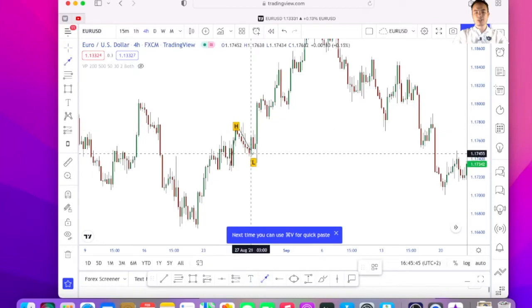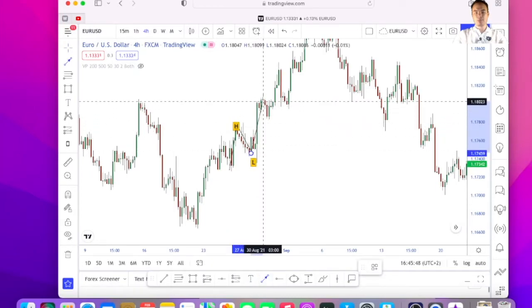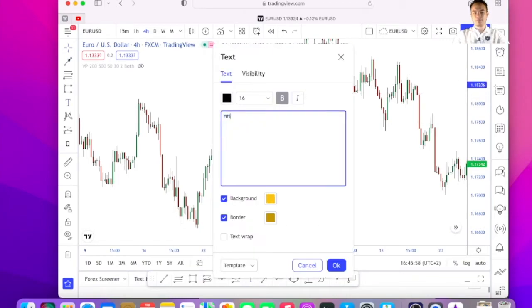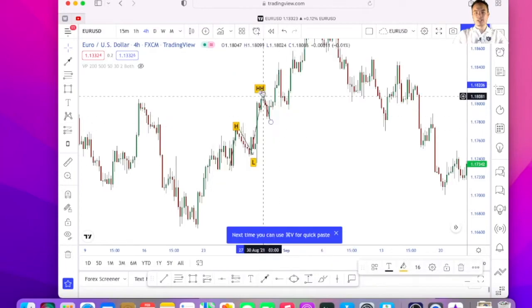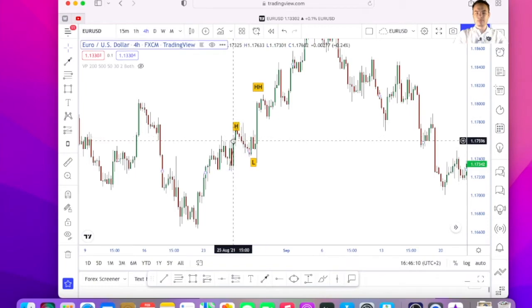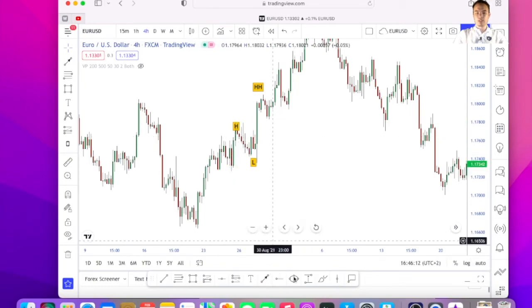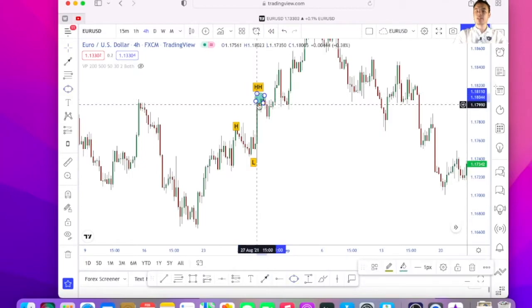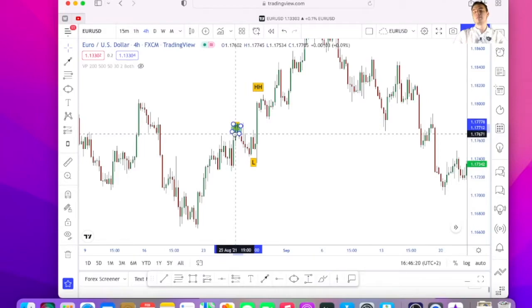So now, as you can see, price pushed up to this point and then got rejected. So that pivot point on top is a higher high. Higher high. Because this high, let me remove the arrows, because this high over here is higher than that previous high.